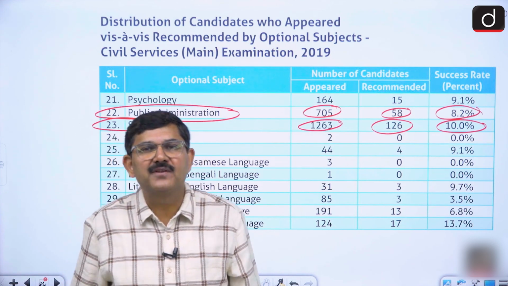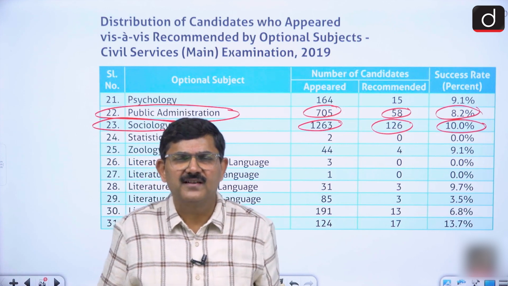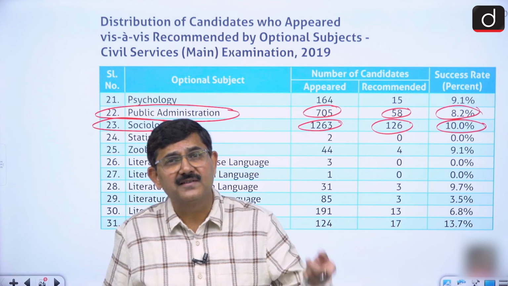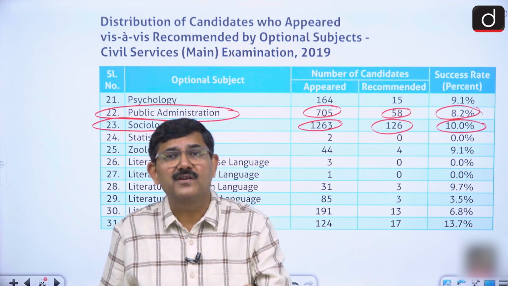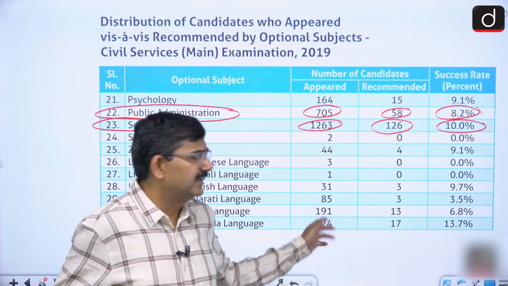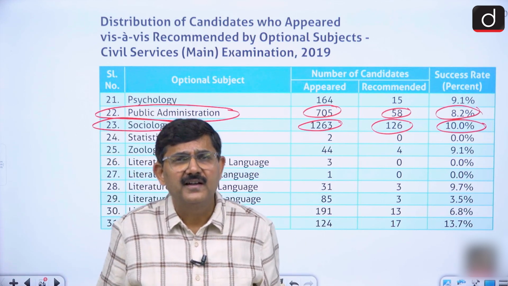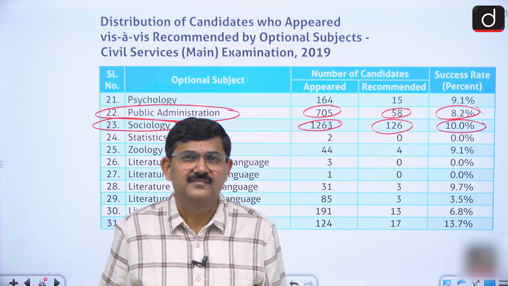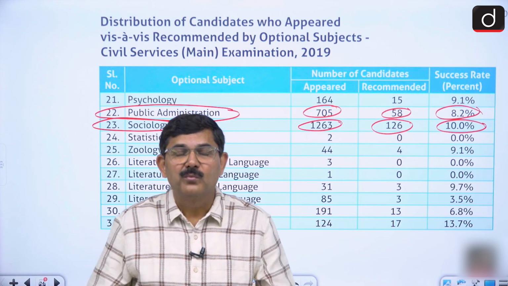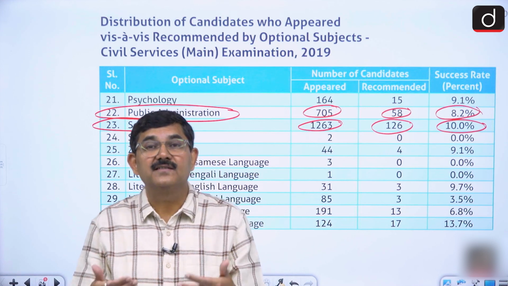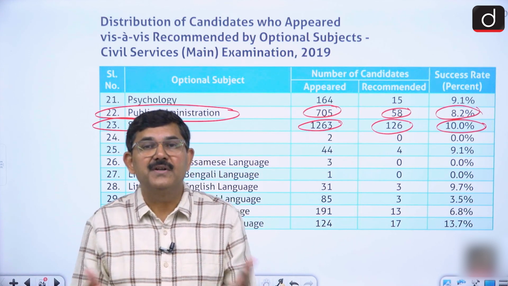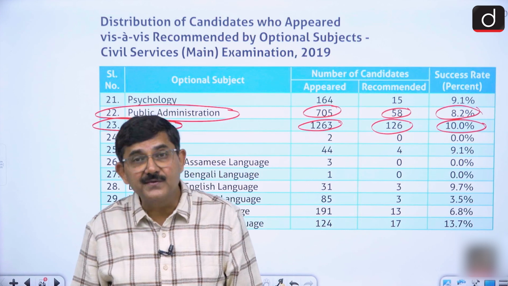So he was thinking about getting less than 100 marks in the essay paper, but instead he got 118. I think I'll check it. I think he got 118. So it is really helping you in everything, and of course in the interview as well.